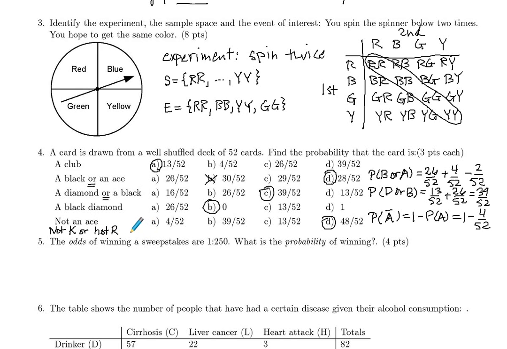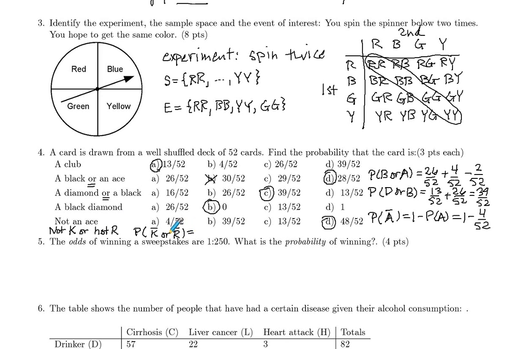Okay, so I'm asking what's the probability in symbols. This is K bar or R bar. Okay, so not king or not red.